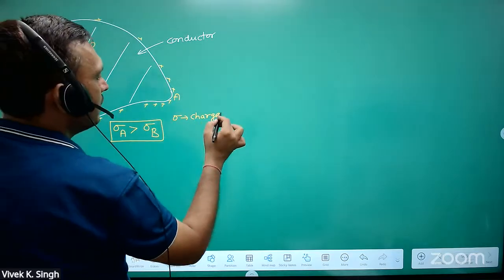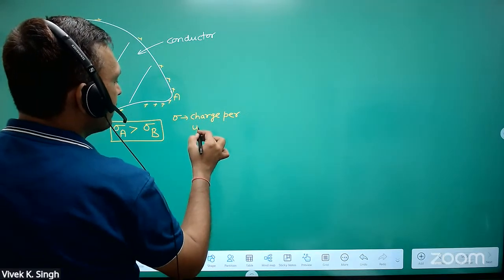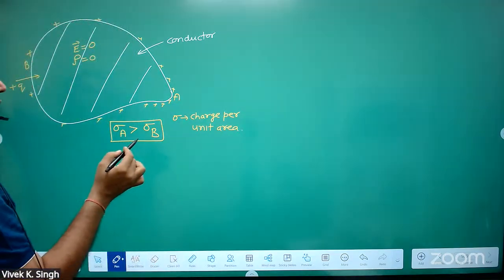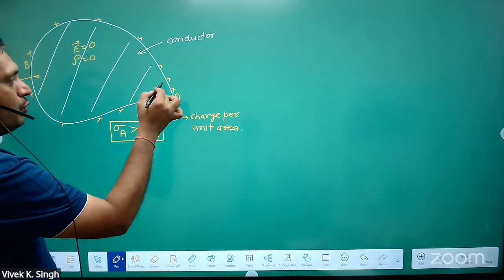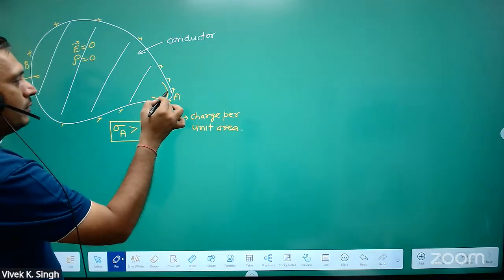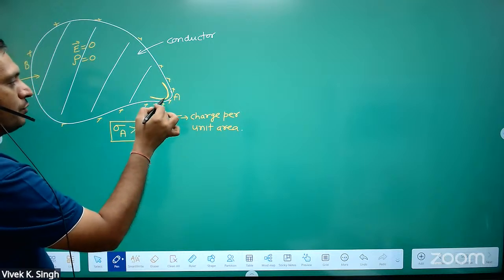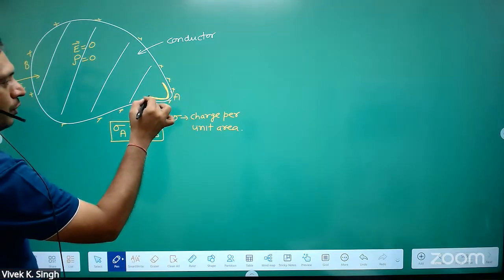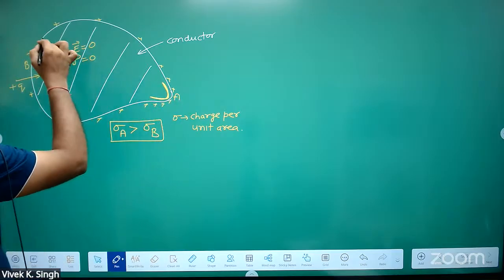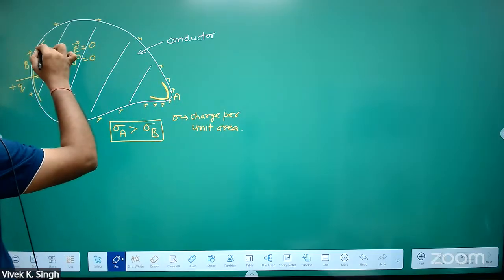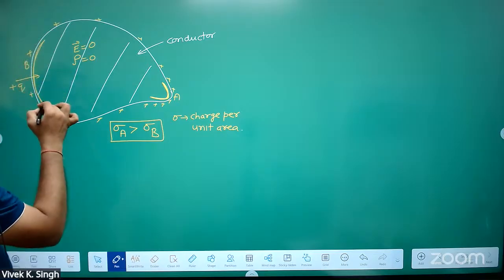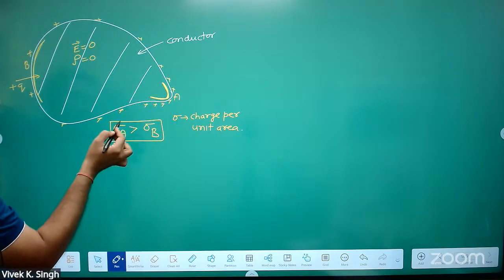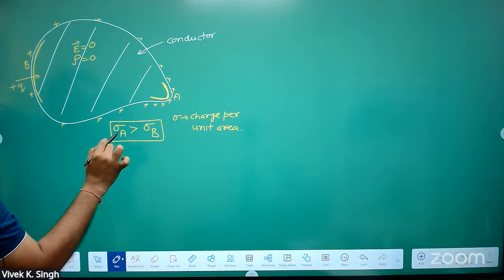You have to see the curvature: this area is large, so the charge density will be less; this area is small, so the charge density at A is greater.